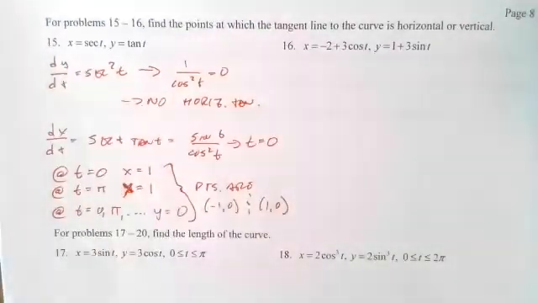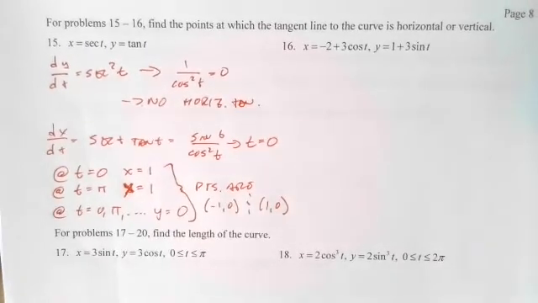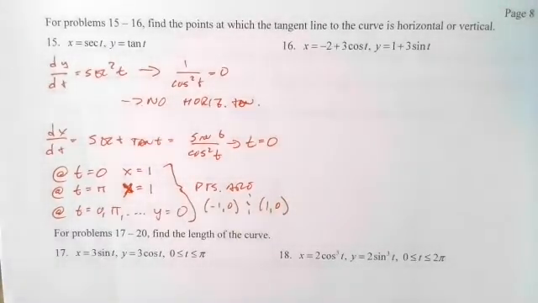I happen to know this is an ellipse. No, it's a hyperbola. So yeah, graph it if you need to, but that's where your vertical lines are going to be. That's pretty cool.